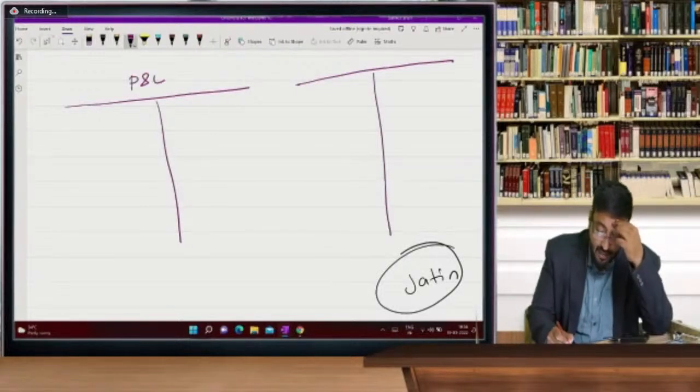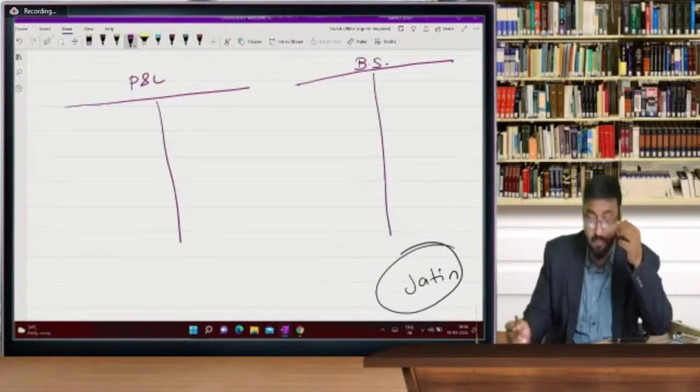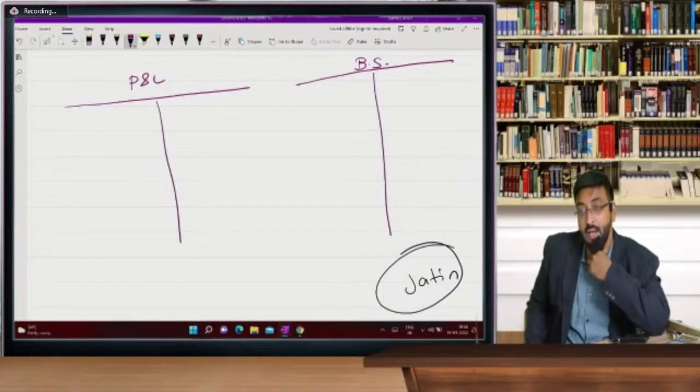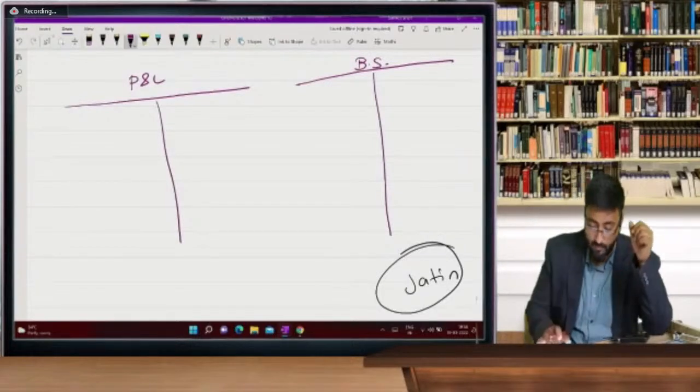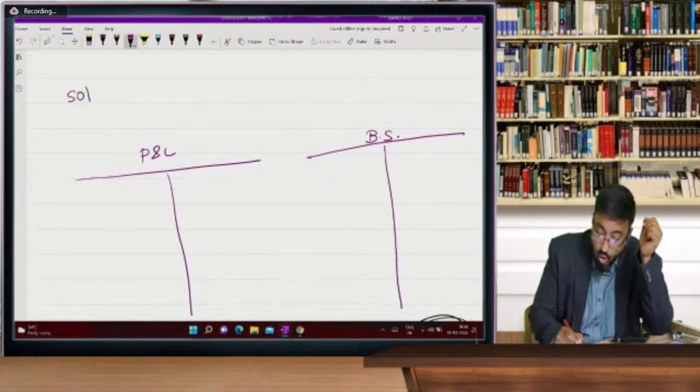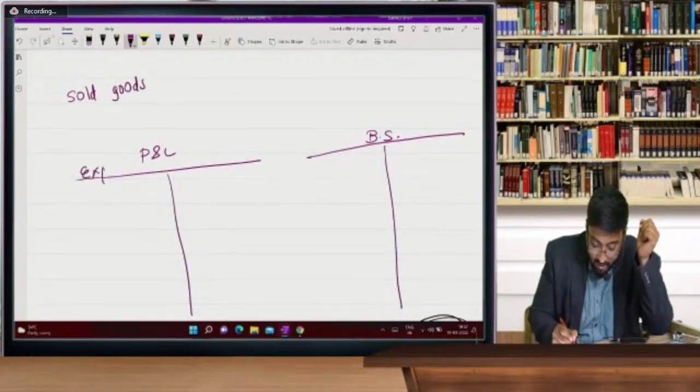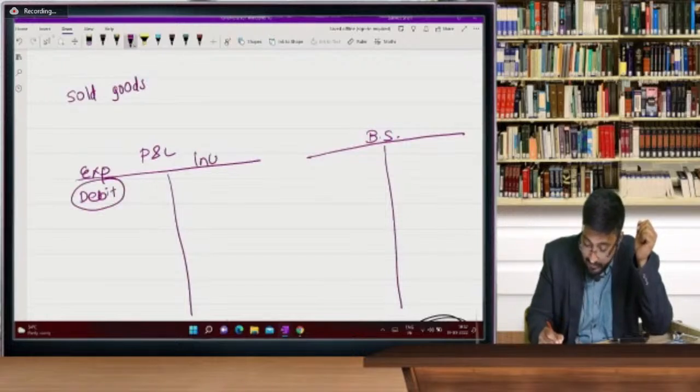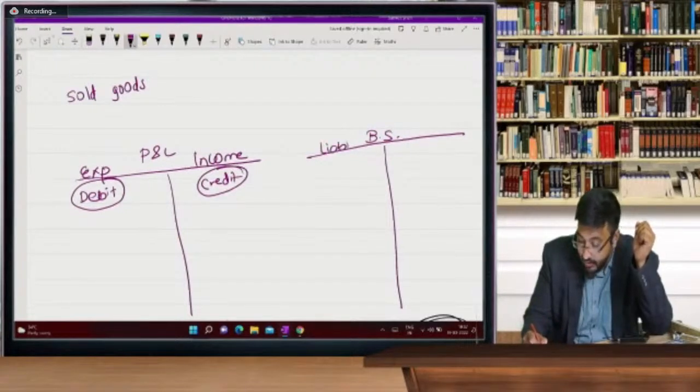This is P&L, this is balance sheet. You have to tell me, every one of you, sold goods. See, this is expenditure side, debit balance. This is income side, credit balance. This is balance sheet liability side, credit balance.